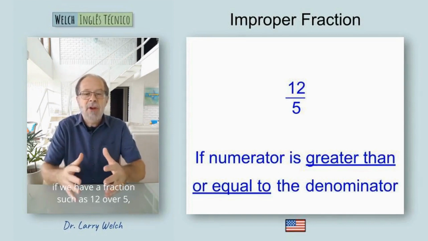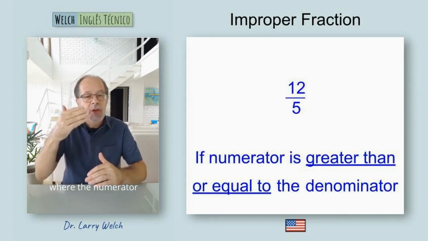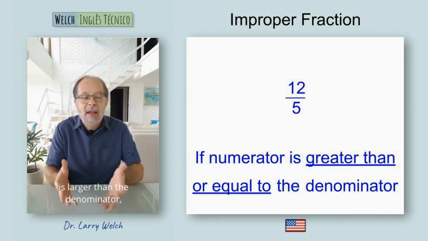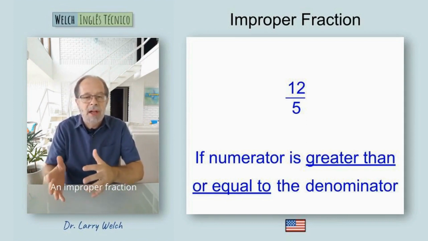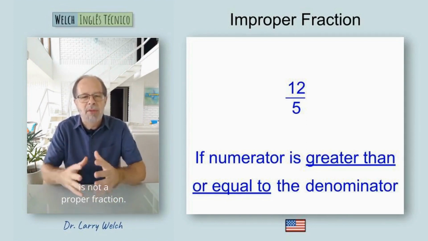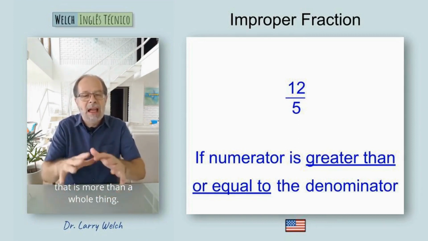On the other hand, if we have a fraction such as 12 over 5, where the numerator is larger than the denominator, we have an improper fraction. Improper fraction is not a proper fraction. And we can use it to represent something that is more than a whole thing.